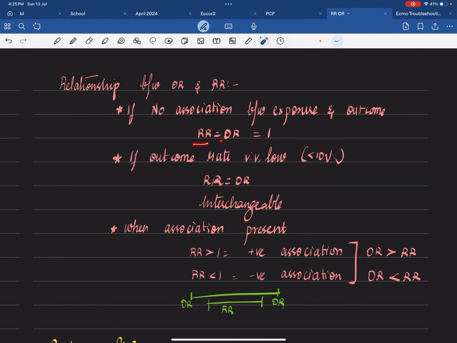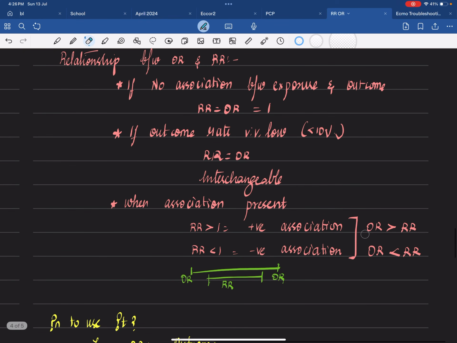Relative risk and odds ratio will be equal to 1. If an association is present, you need to know if there is a positive association or a negative association. So if your RR is more than 1, it means there is a positive association. If RR is less than 1, that means there is a negative association.